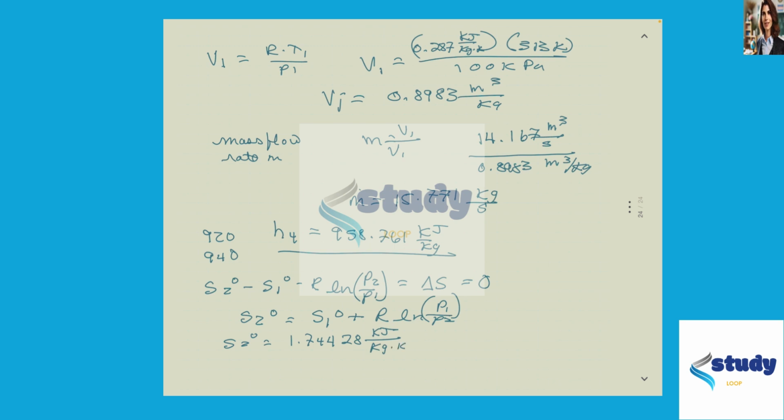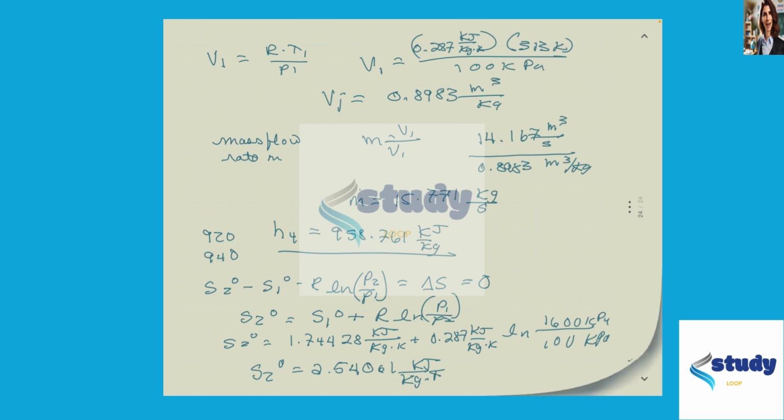I'm going to take that plus R times ln of 1600 over 100. And this will give me my S2 equal to 2.54061 kilojoules per kilogram Kelvin.